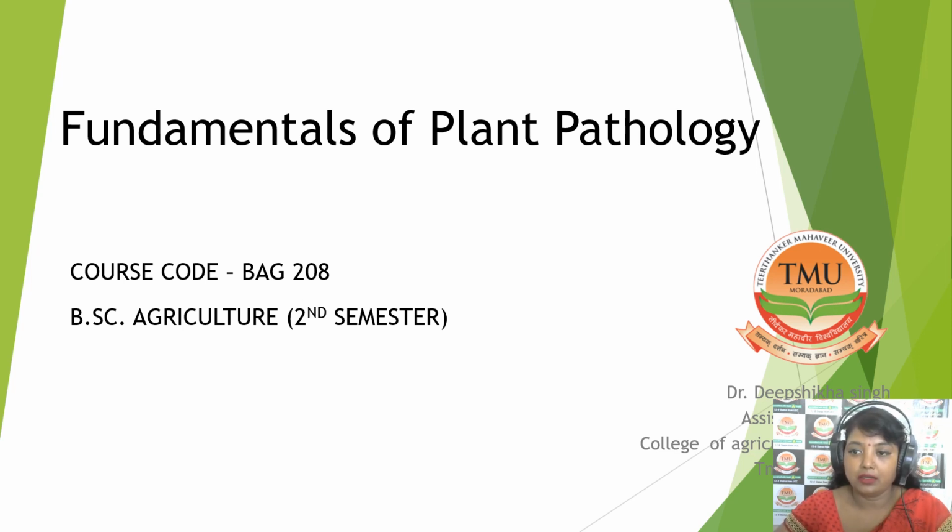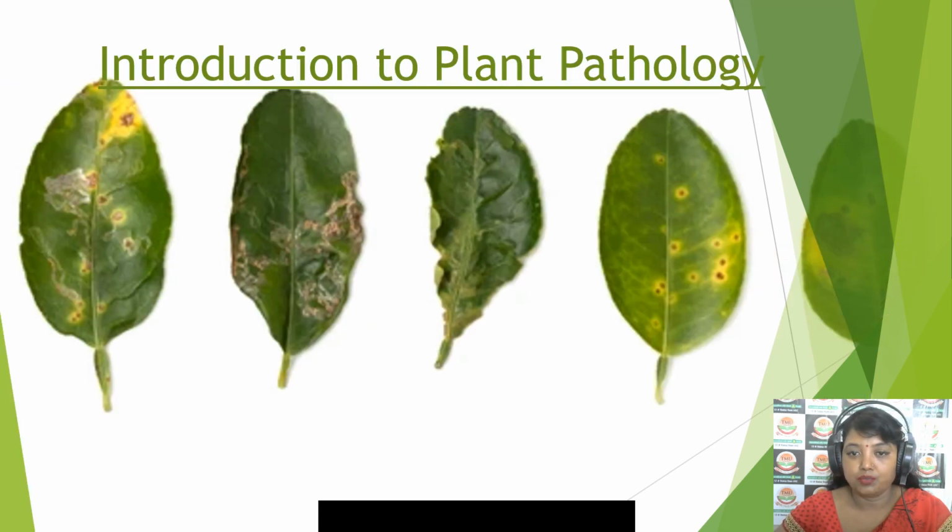There can be environmental factors and there can be living factors which cause diseases in plants. These are some of the symptoms we can see in a diseased plant. We can see from the image that these are not healthy leaves. Some of the leaves are showing spots, and some are twisted.